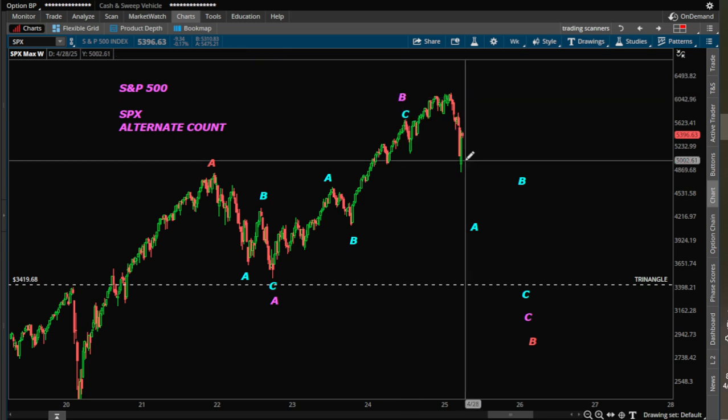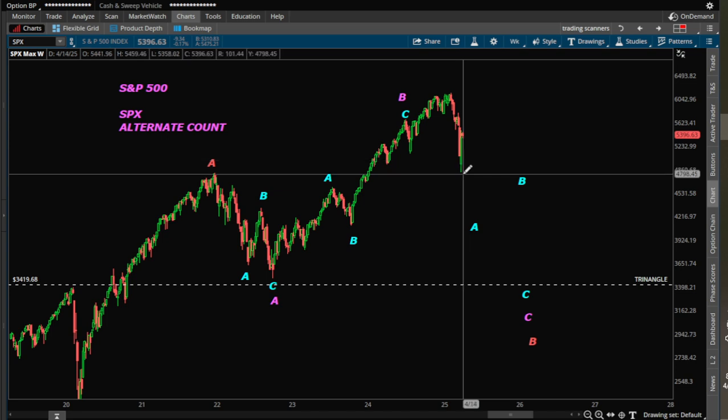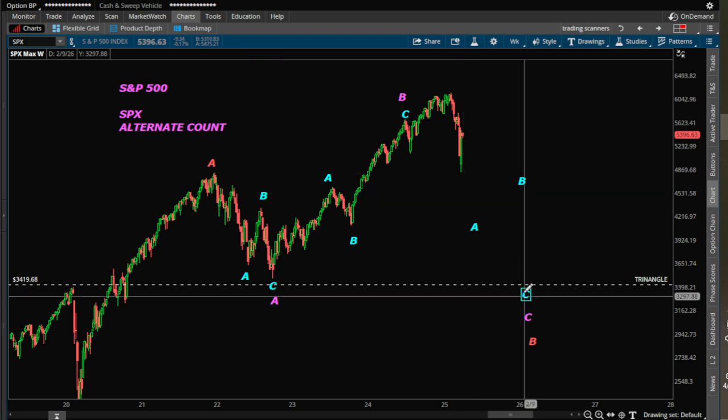So this could be an A, B, C on a minor degree, and we need to correct and then come down to complete this A in the intermediate degree, and then our intermediate correction, and then we come down probably to test the 3400 area, basically our low in October of 2022.